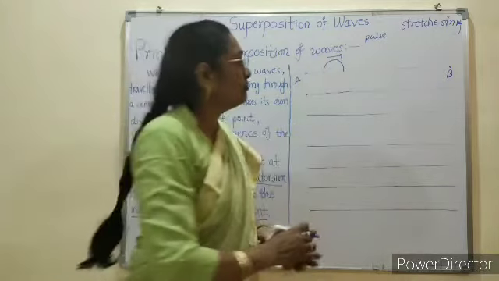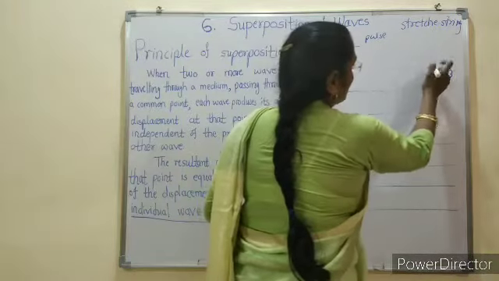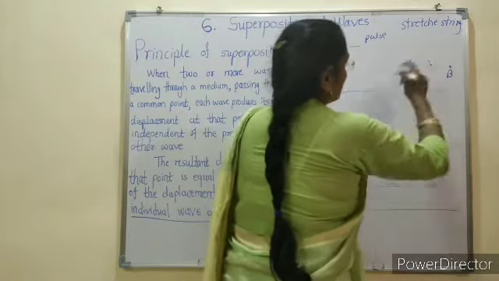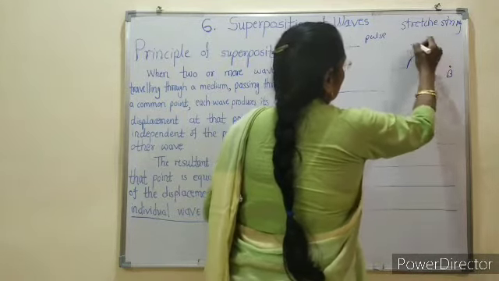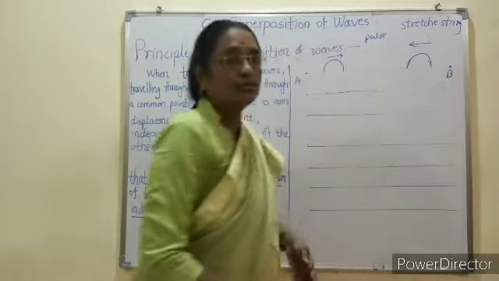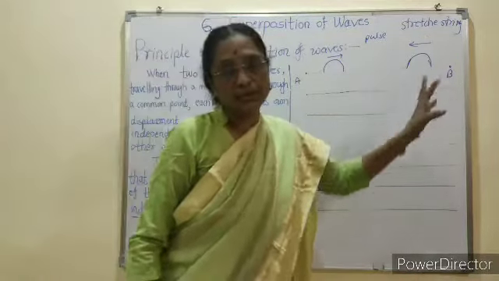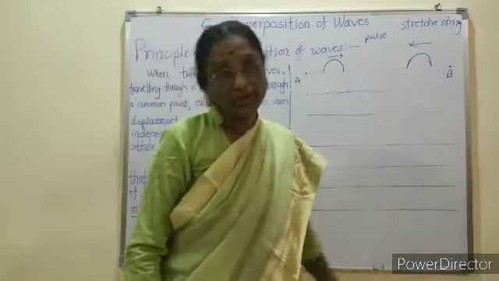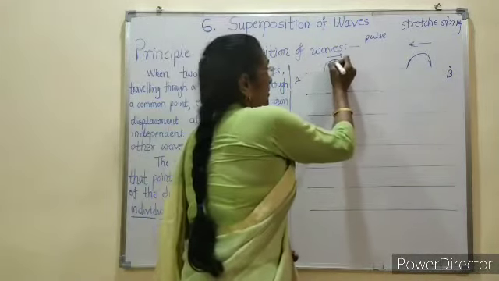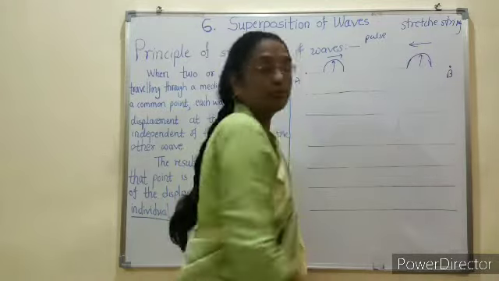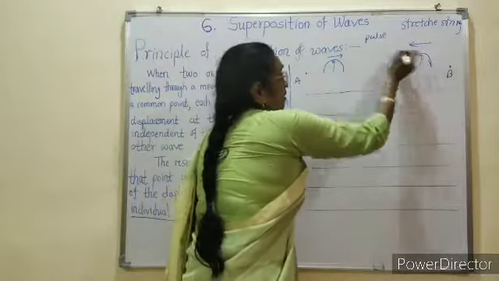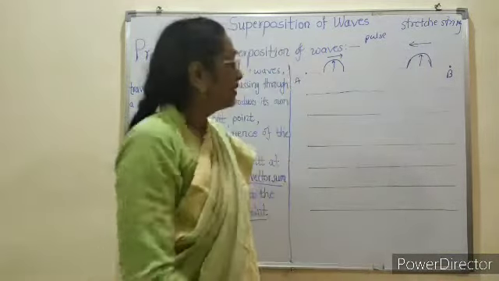At the same time, B is also producing a pulse in the form of a crest. Both the pulses are produced at the same time. They have the same displacement. The vertical displacement is also the same. The amplitude of each pulse is the same. They are traveling towards each other.